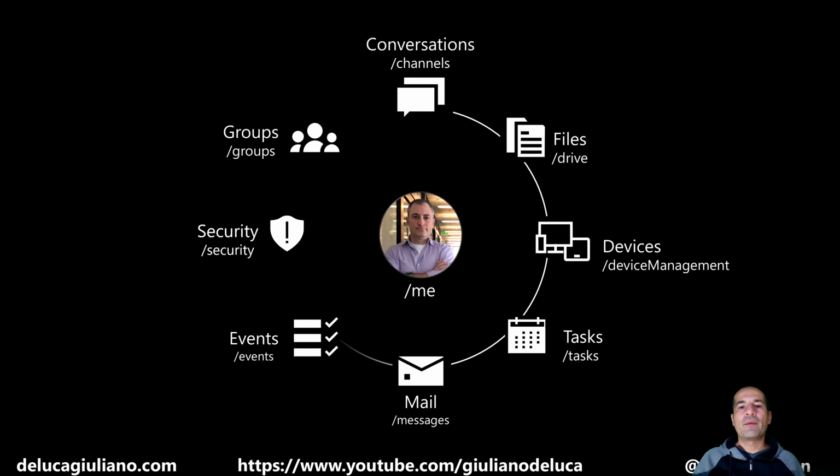So Microsoft Graph APIs are around the user, and you can collect conversations, files, devices, tasks. You can collect all emails, events, or groups on Office 365. This is just a bunch of examples of what you can do with the Graph API.